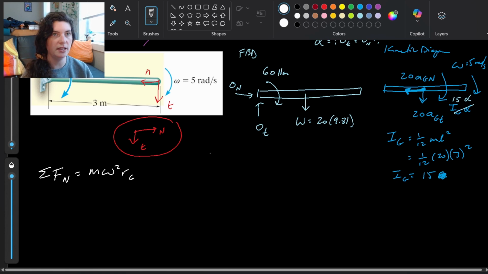So from my free body diagram, I only have one force in the normal direction, so ON equals, and then from my kinetic diagram, I only have one item in the normal direction, and that's going to be in the negative normal direction, it looks like.